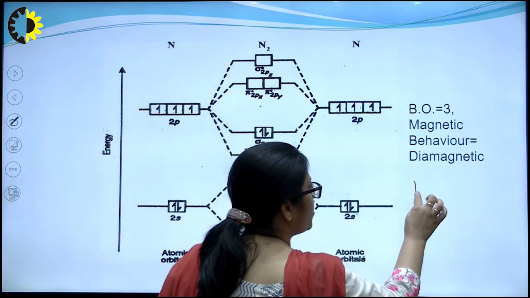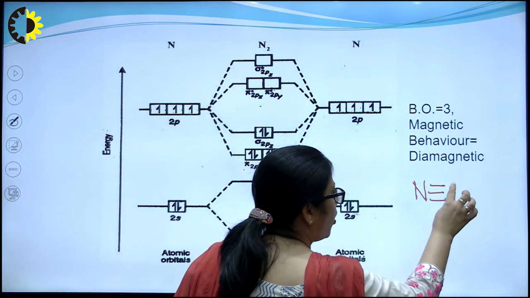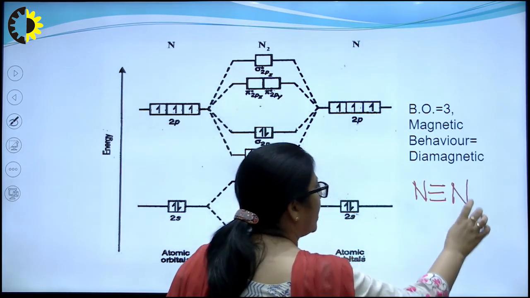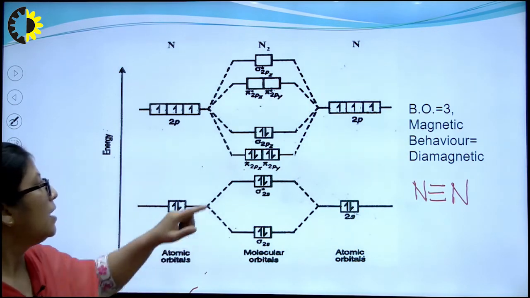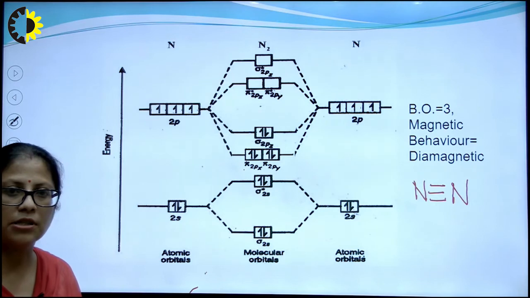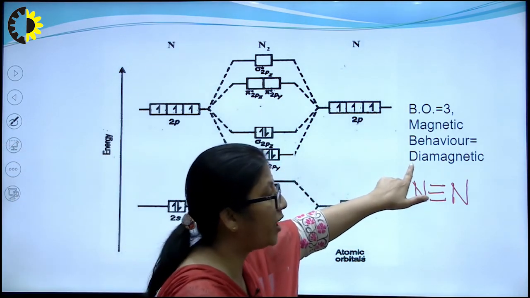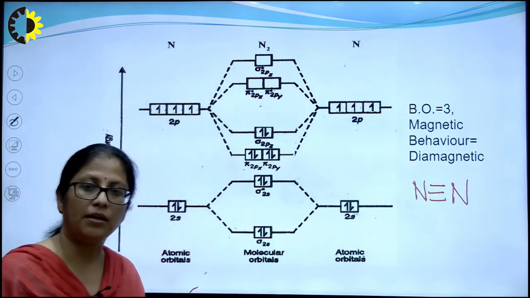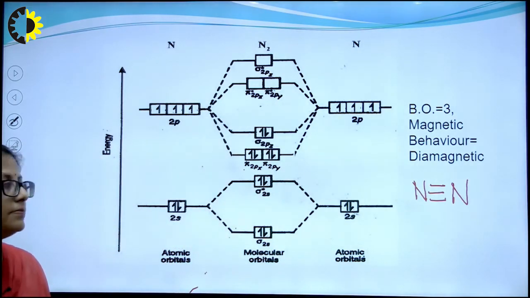So, this shows that the 2 nitrogen atoms are bonded together by 3 bonds. And since the outermost orbitals of nitrogen have paired electrons, the magnetic behavior of nitrogen will be diamagnetic. The molecule is diamagnetic in nature.